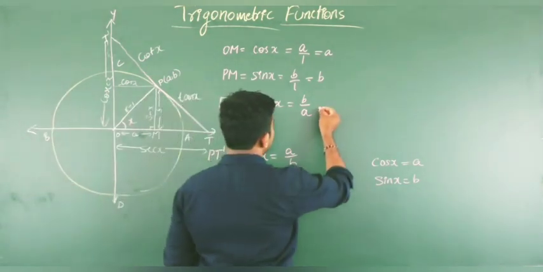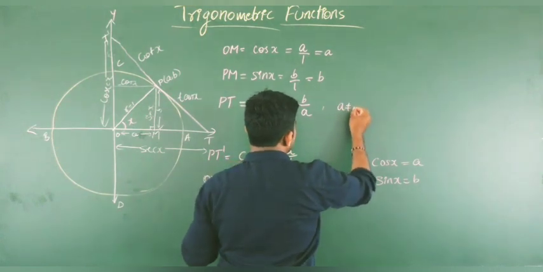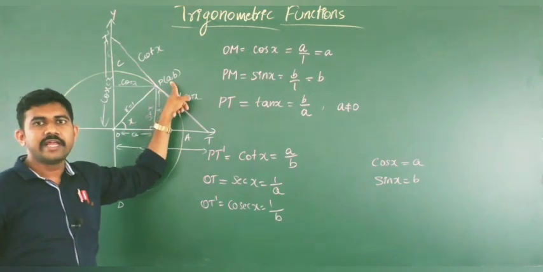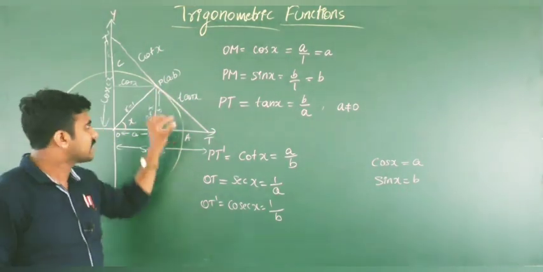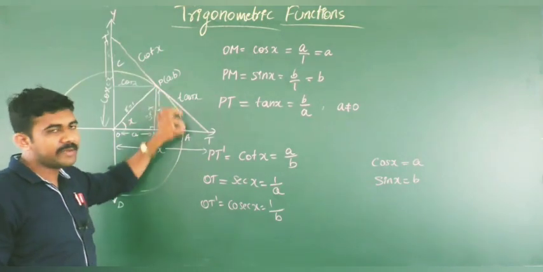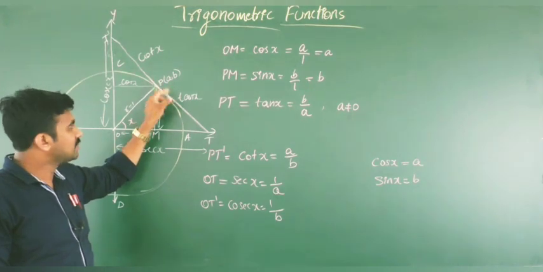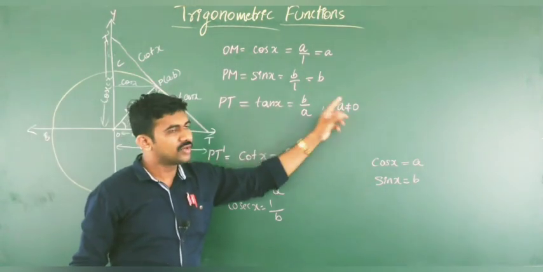And also here, what is the value of A? A should not be equal to 0. A is the x coordinate of the point. P is a moving point, we can consider P anywhere on the circle. Generally we consider P as (a, b), but here A is equal to 0 when it happens.